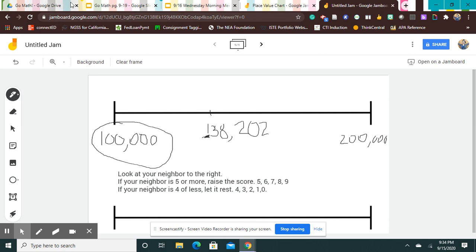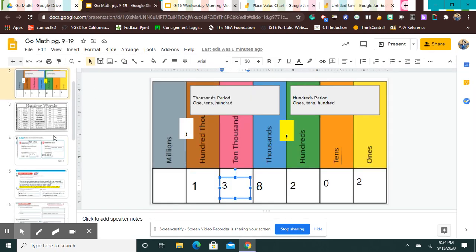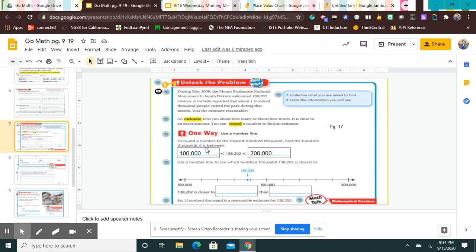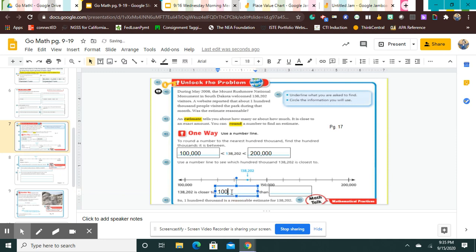100,000. So when we come back to our problem and we want to know if the estimate of 100,000 was reasonable, we are going to say that 138,202 is closer to 100,000 than it is to 200,000.